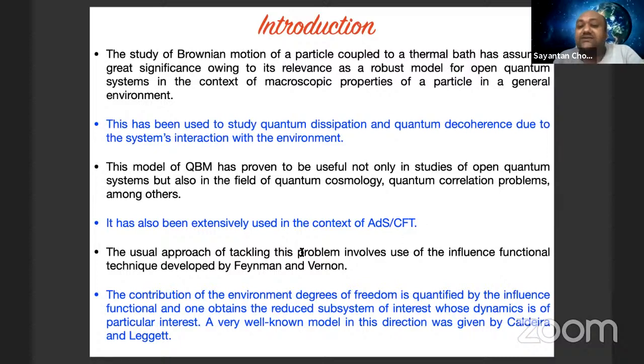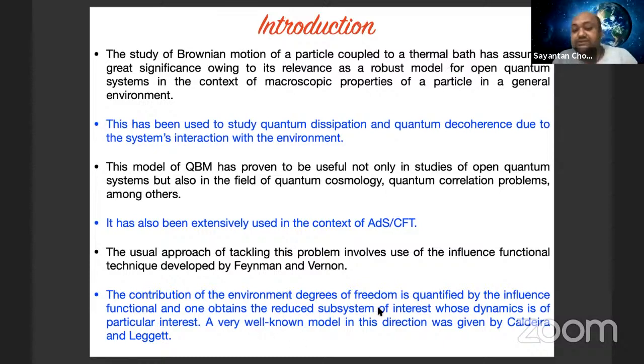So this idea was technically first proposed by Feynman and Vernon very long time ago. And the contribution of the environment degrees of freedom is quantified by the influence functional technique, which they call the influence functional technique, to calculate the path integrals.